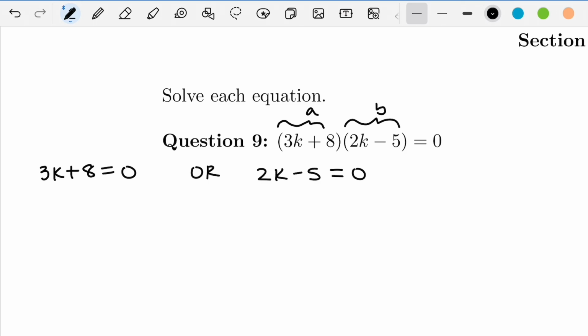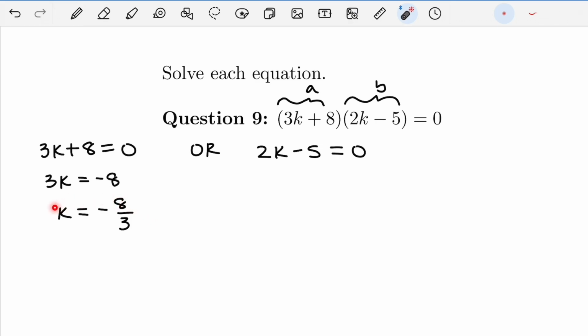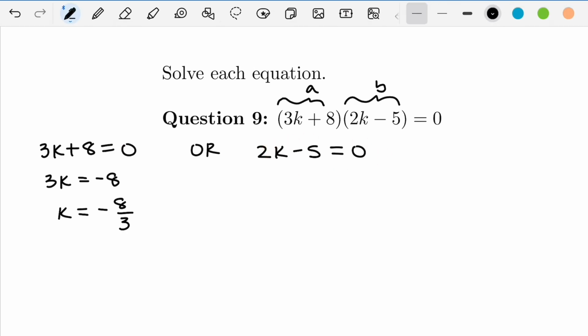So on the left-hand side here, we have 3k plus 8 is equal to 0, so subtracting 8 on both sides will give us this. And finally, we can divide by 3 to get k completely alone, so we get k is going to be equal to minus 8 over 3. So this means for this value of k, plugging this into this equation would make this statement true. Now doing the same thing for this equation here, we'll first add 5 to both sides.